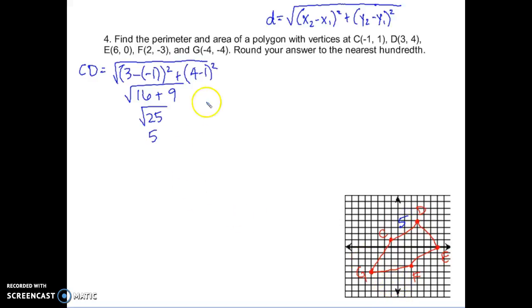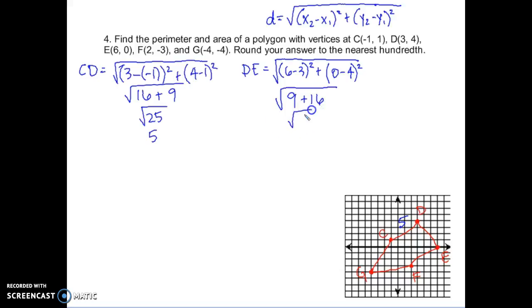Then I'm going to do the same thing for DE. Now I've got 6 minus 3 squared plus 0 minus 4 squared. 6 minus 3 is 3, squared is 9. 0 minus 4 is -4, squared is still 16. So I get the square root of 25 again, which is 5. So DE is also 5.